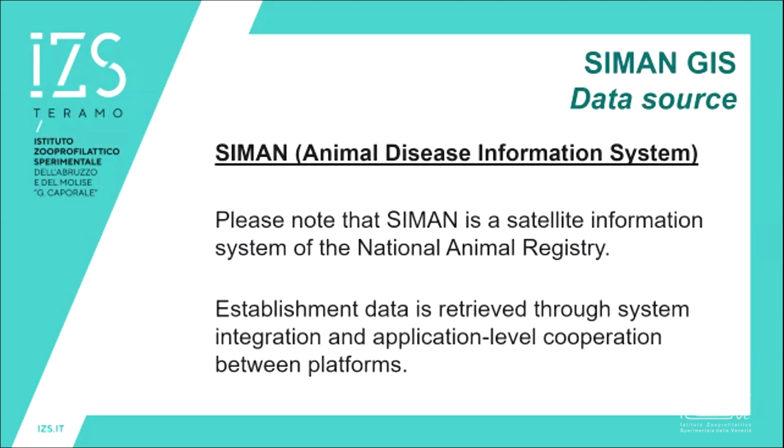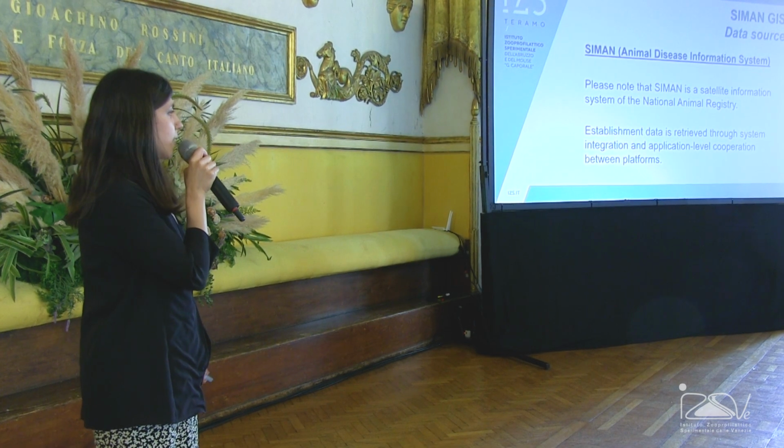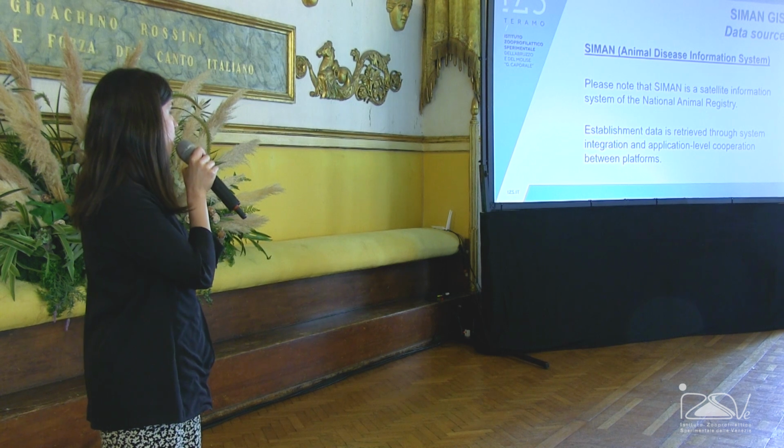The data source, as I mentioned previously, are the national information systems. In particular, for this tool it is the Animal Disease Information System. And it is important to mention that this system is designed to work in cooperation with the National Animal Registry.